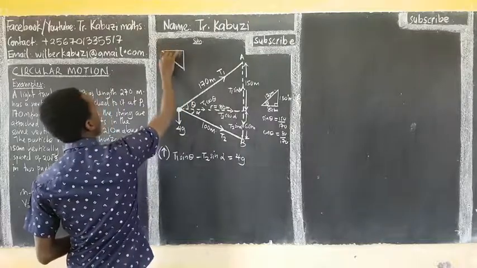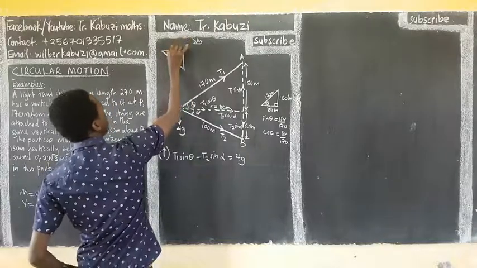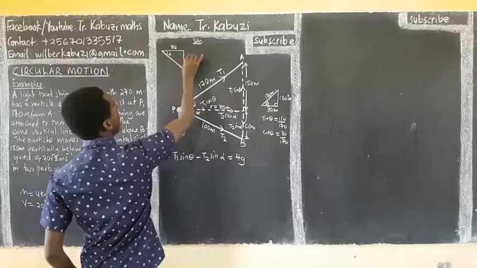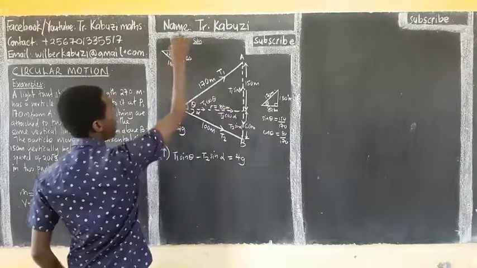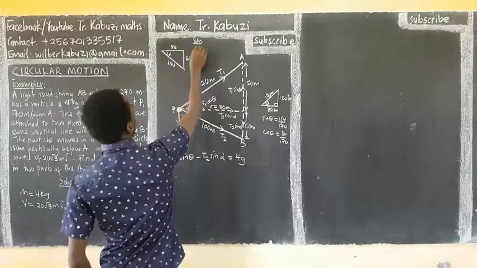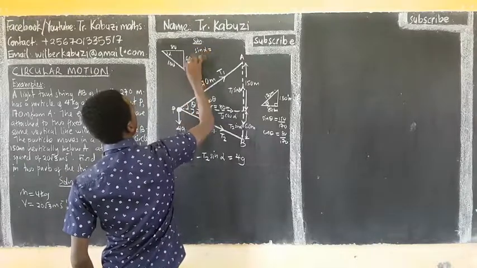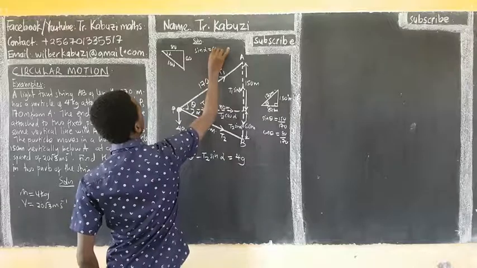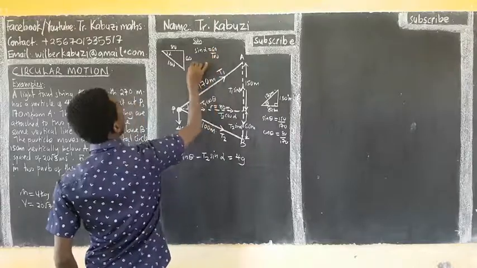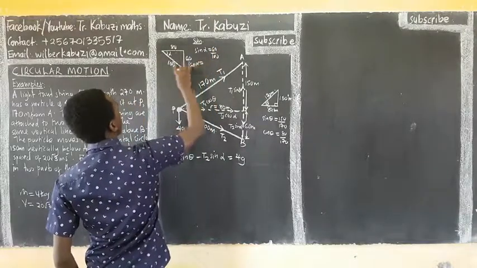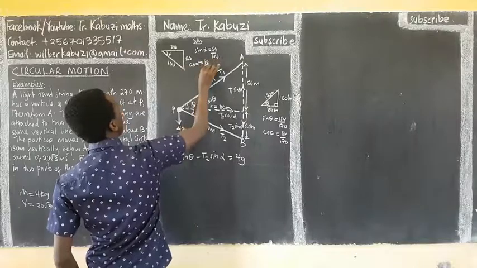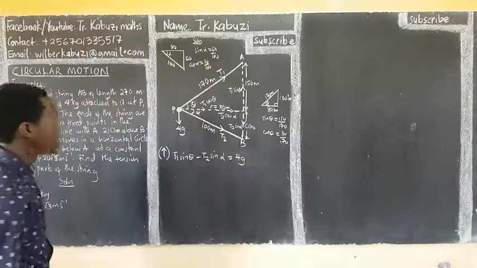So this is our alpha, this is 80, this is 60, then this is 100. So now our sine alpha is equal to the opposite over hypotenuse, then our cos alpha is adjacent over hypotenuse. So those are the cases we have.